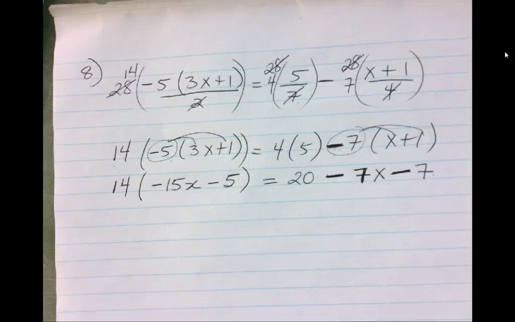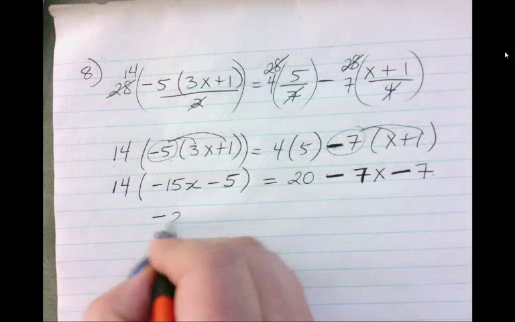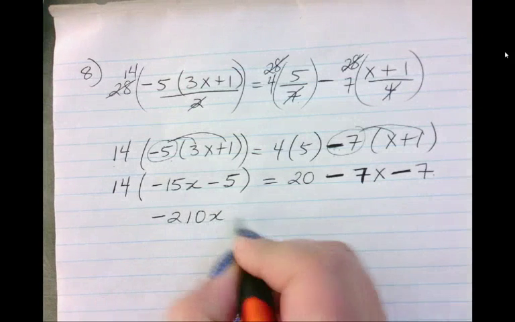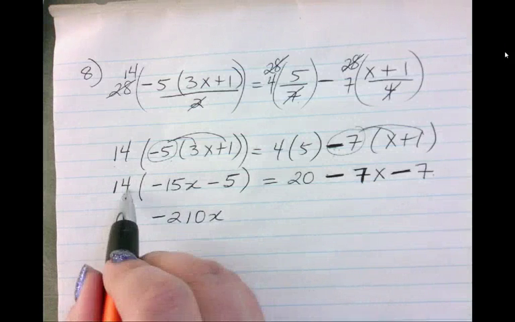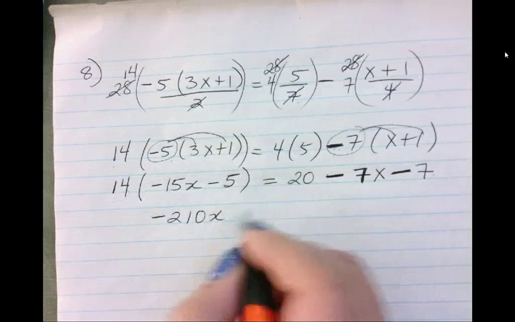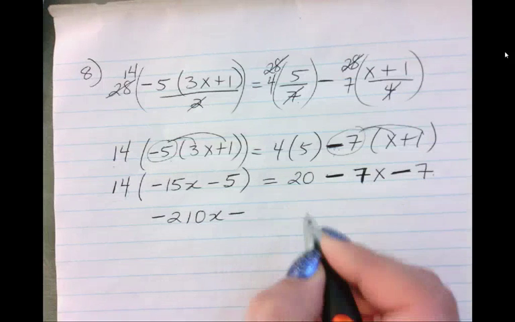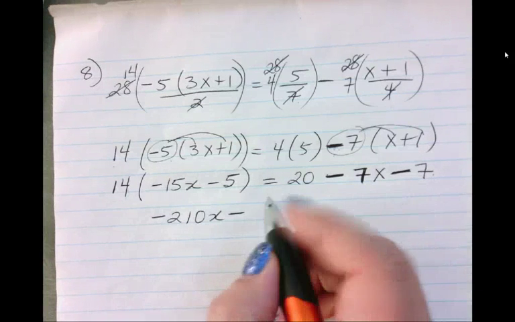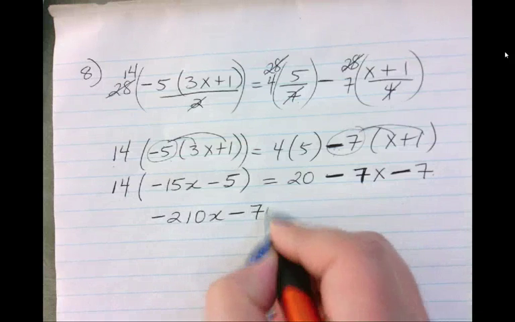Take the 14 and multiply it through. What's 14 times negative 15? Negative 210x. And then what is 14 times negative 5? Negative 70.